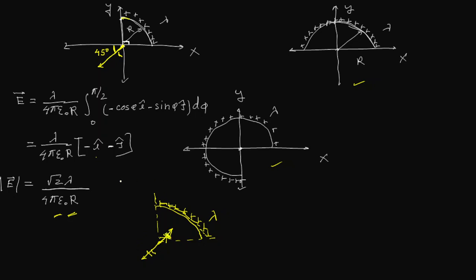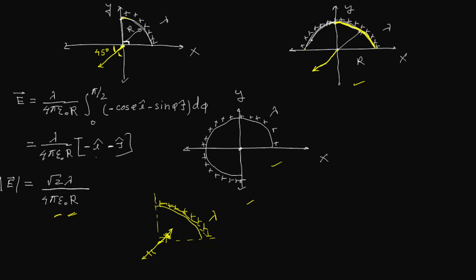Okay. So now using this result, we can calculate the electric field for this arc and also for this arc. So we can see that this is a superposition of 2 quarter parts of a circle. From here to here is one part, and from here to here is another part. And what we have noticed here, for this part, the electric field will be along this direction.